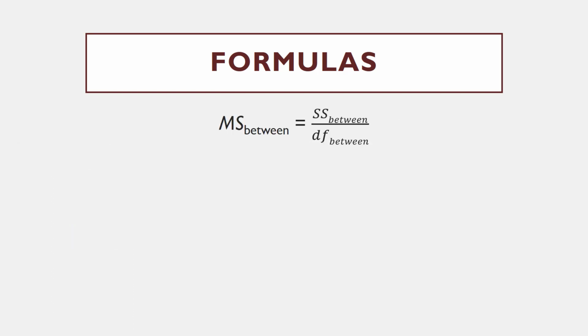For mean squares between, this is going to be equal to the sum of squares between divided by the degrees of freedom between. And one of the easiest ways to talk about this is to visualize what sum of squares between is in this analysis. So sum of squares between is going to be the x bar for your group minus the grand mean. And by grand mean, that is the mean for everybody.